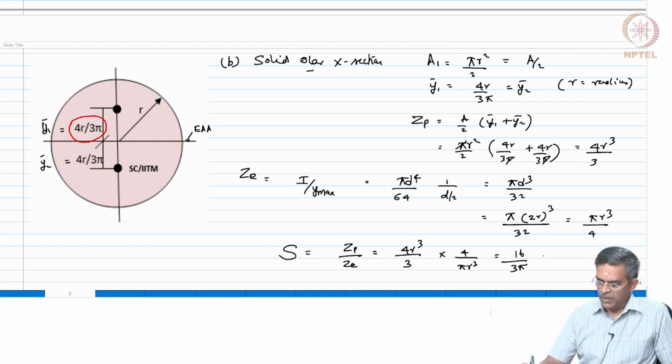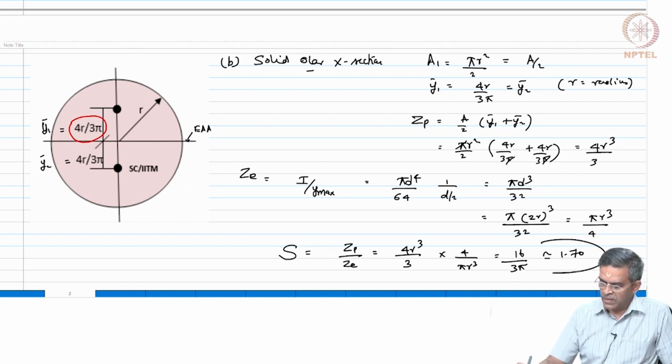So, it is 16 by 3 pi, which is 1.70. So, that is my shape factor for a solid circular bar.